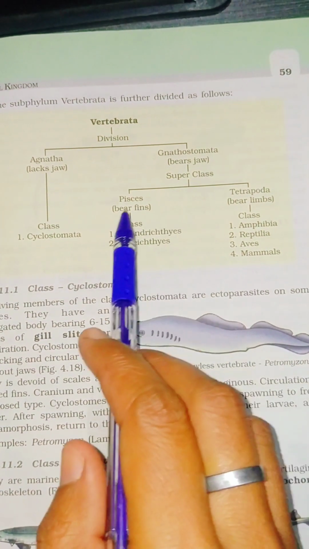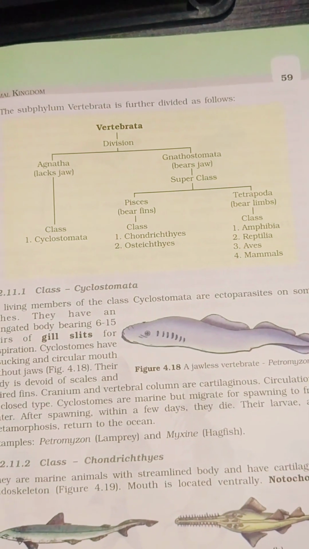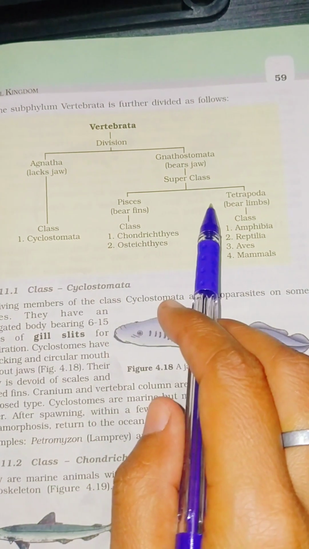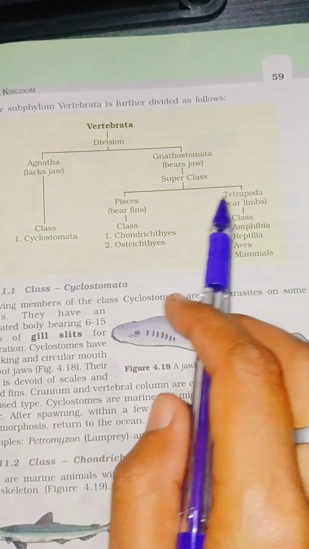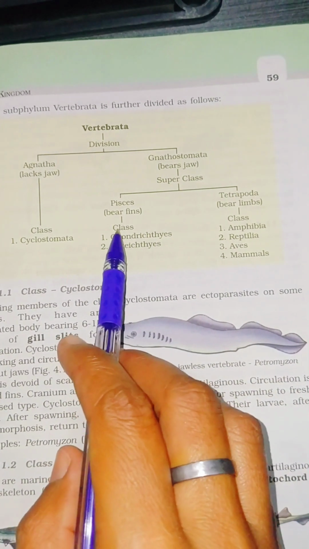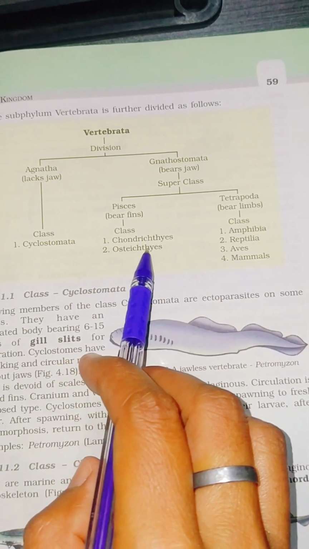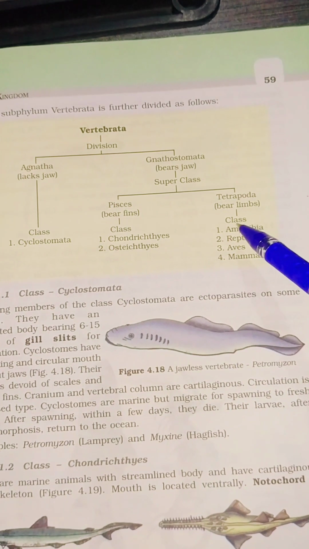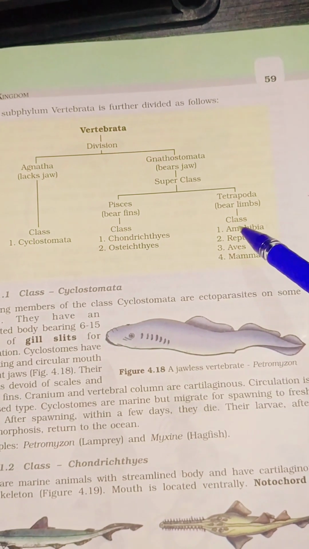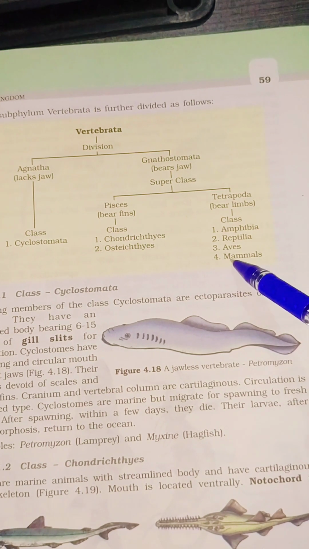They are divided into two superclasses: Pisces, which bear fins, and Tetrapoda, which bear limbs. In the superclass Pisces there are two classes, Chondrichthyes and Osteichthyes. And Tetrapoda is divided into four classes: Amphibia, Reptilia, Aves and Mammalia. Human beings come under the mammals.